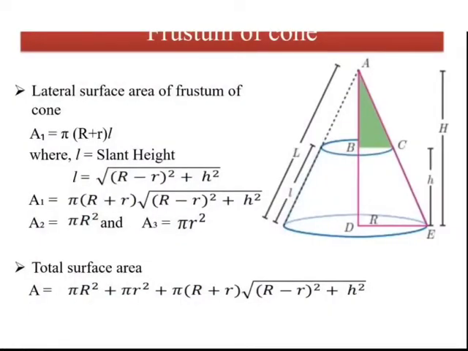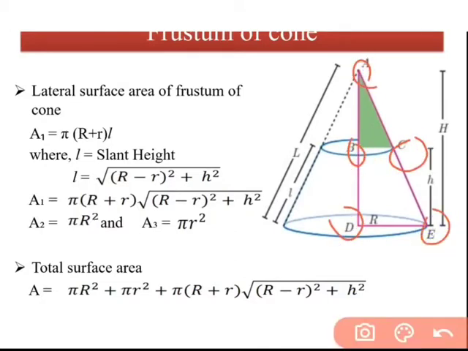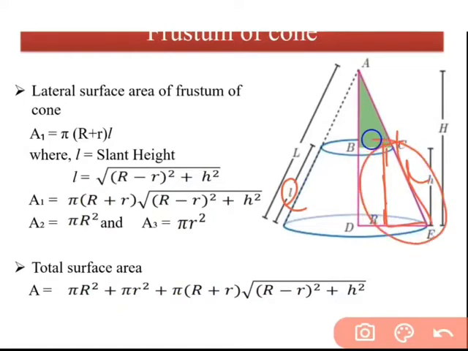now how to find the value of the slant height? First we denote A, B, C, D and E. So we require the value of CE, that is small l, the slant height, CE. In this figure, that is this portion, we apply the Pythagoras theorem.